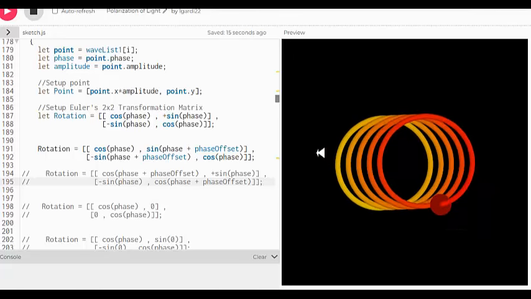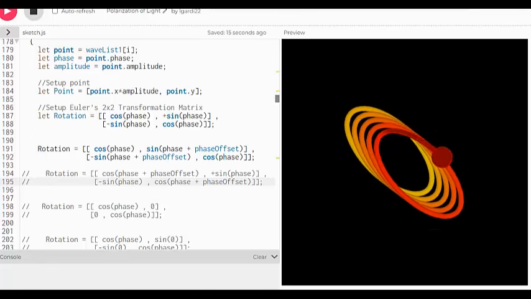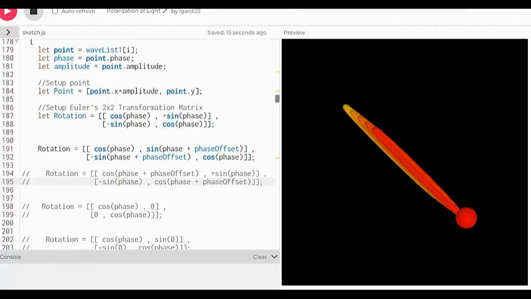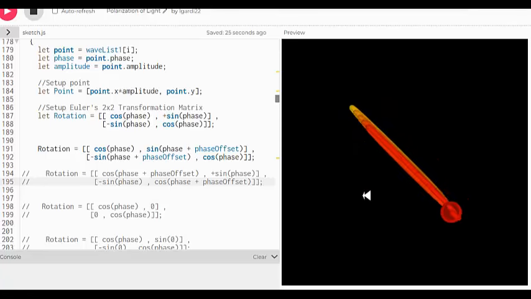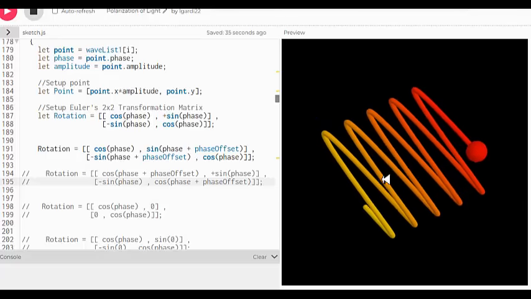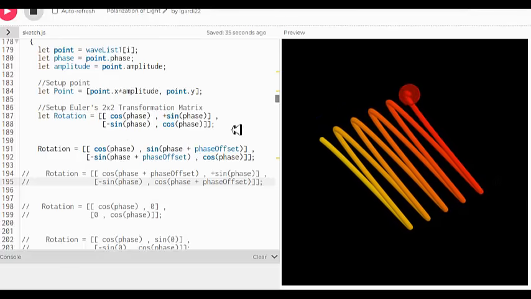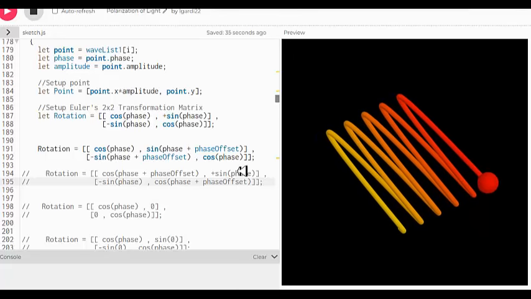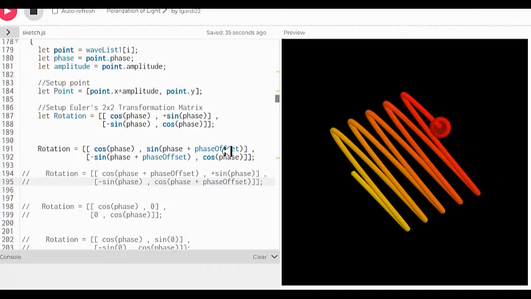Okay, I believe that they are helix waves, elliptical waves, and if the wave is linearly polarized, I believe it is linearly polarized on a diagonal like that, not vertically and horizontally. In this implementation of the plane wave, both the cosine and the sine have a phase, and the sine wave just has a phase offset.